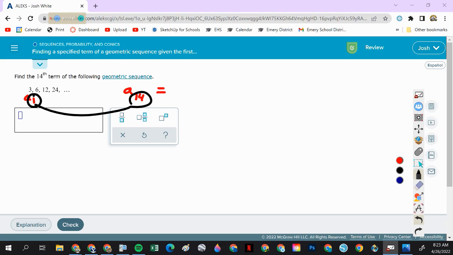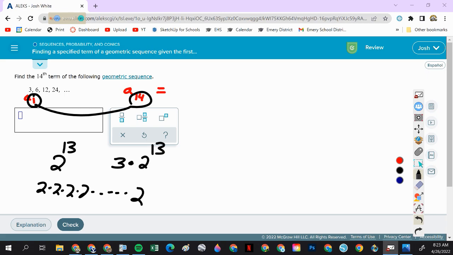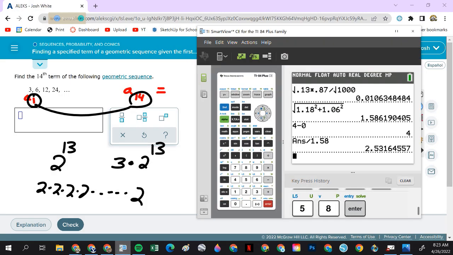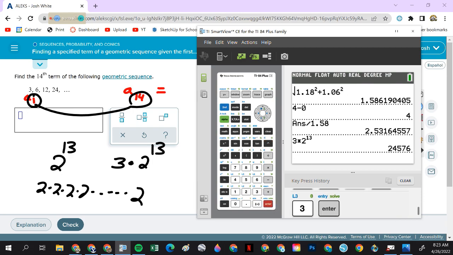So that is 2 to the 13th, because it's 2 times 2 times 2, 13 times. So I need to take 3 and times it by 2 to the 13th. So 3 times 2 raised to the 13th. Does that make sense?